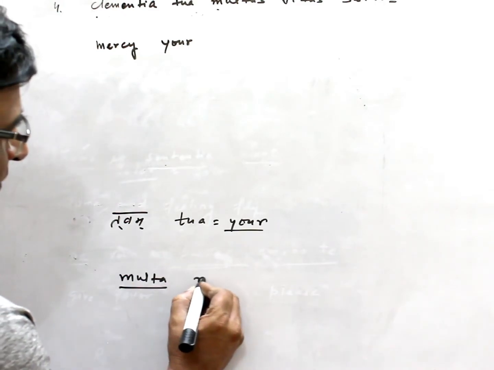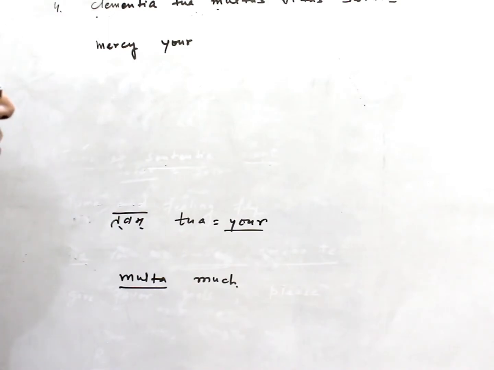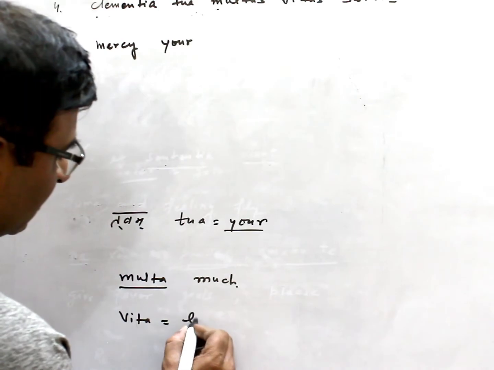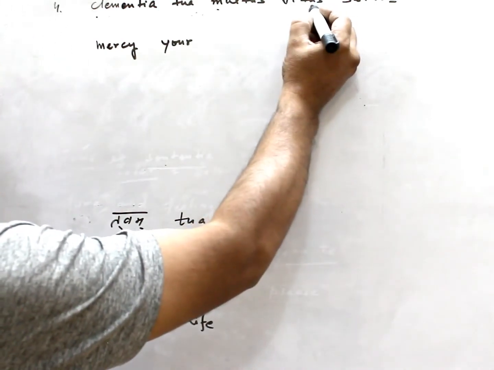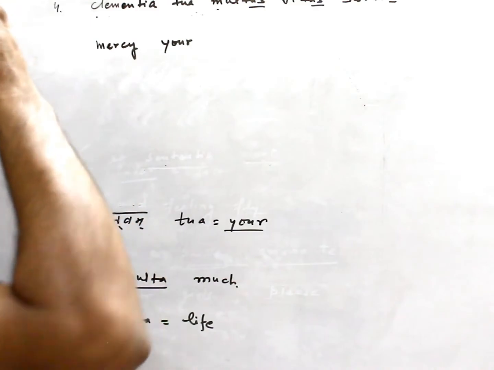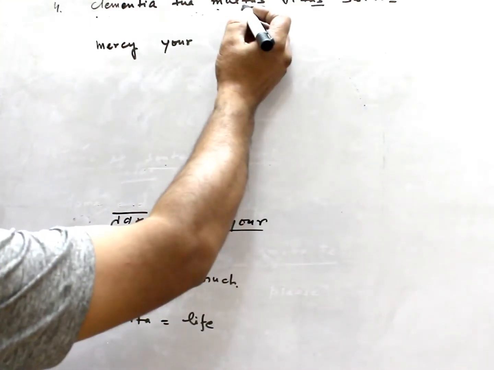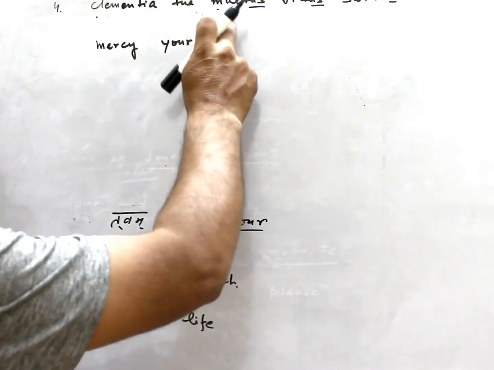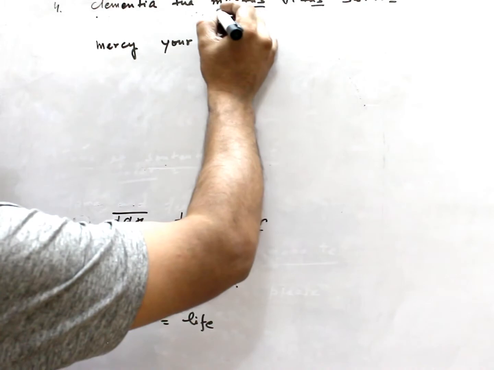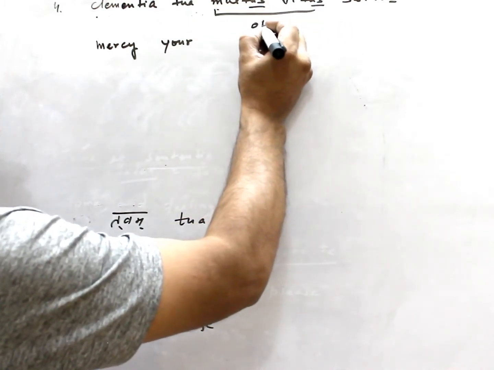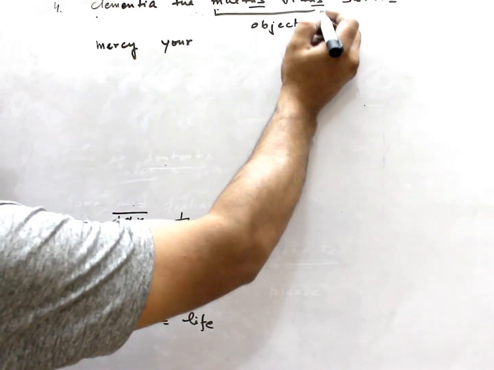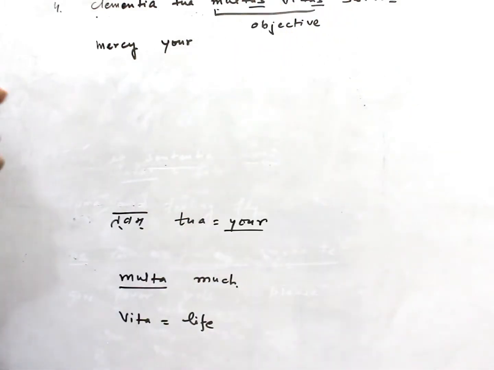Multa means much, and vita means life. But here S is added, that means it represents the object, objective plural, multas vitas. Vitas is life, and multas is like an adjective.